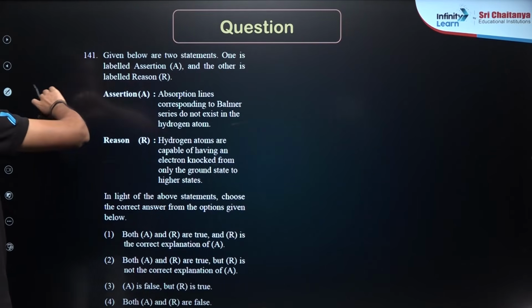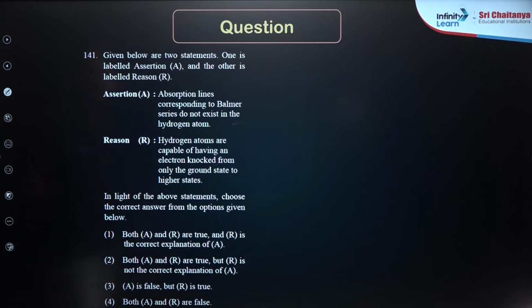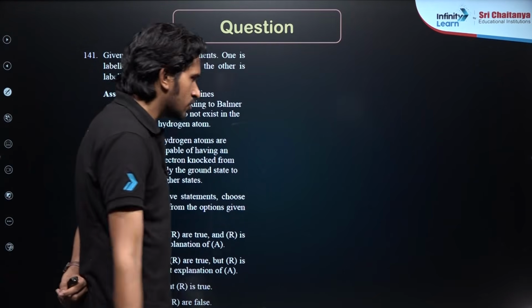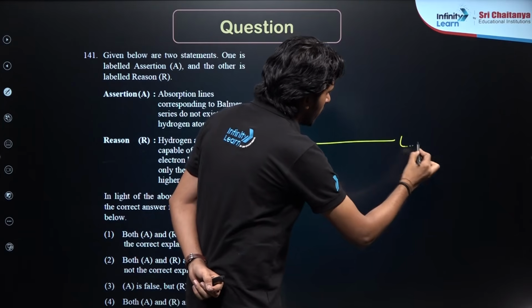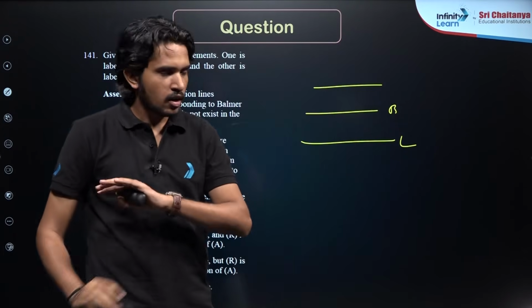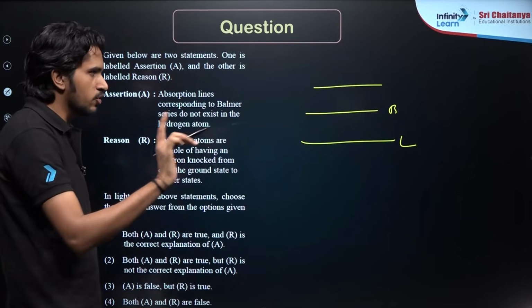In this problem we are given two statements. One is labeled as assertion and the other is labeled as reason. Absorption lines corresponding to the Balmer series do not exist in the hydrogen atom. No, that's not true, because we have Lyman, Balmer, Paschen, Brackett, Pfund. We have all these series in the hydrogen atom.